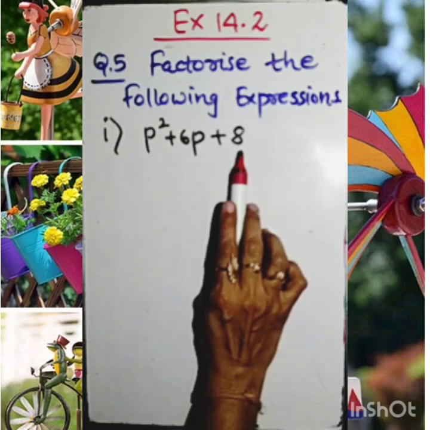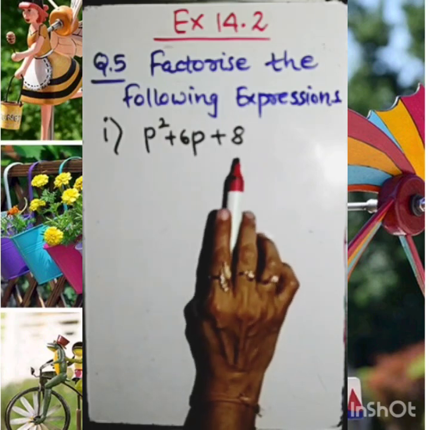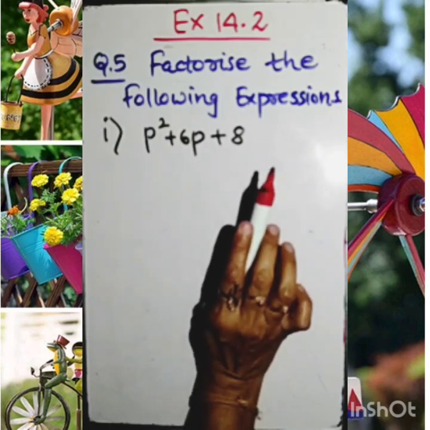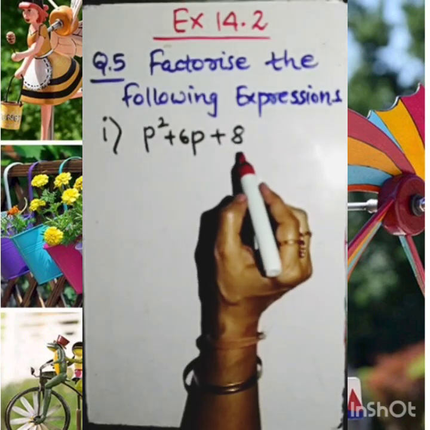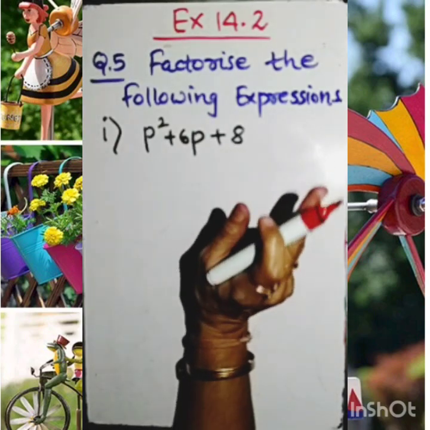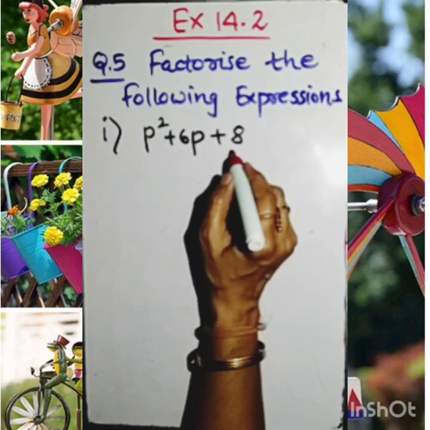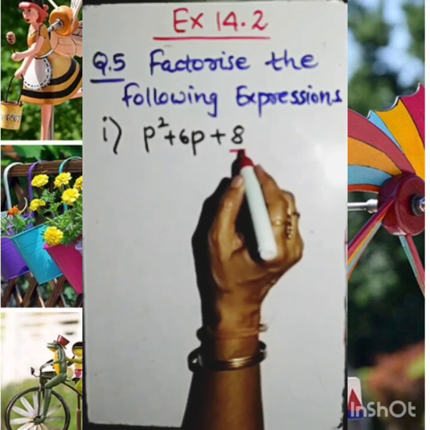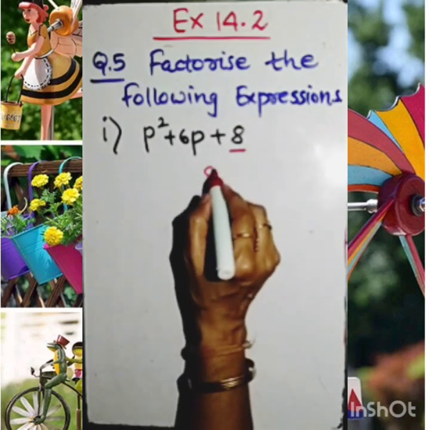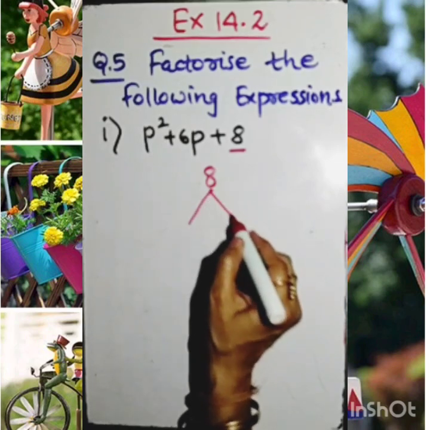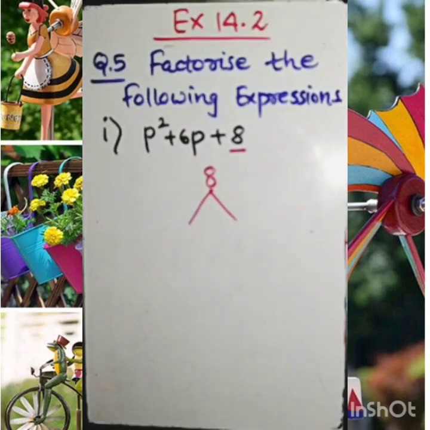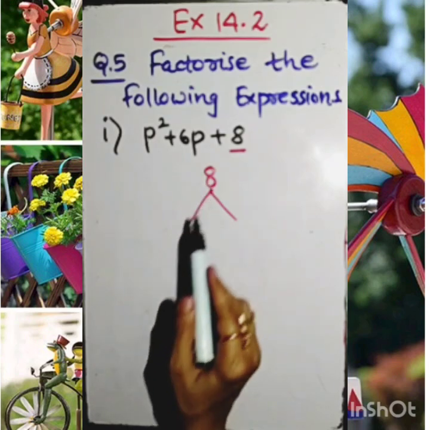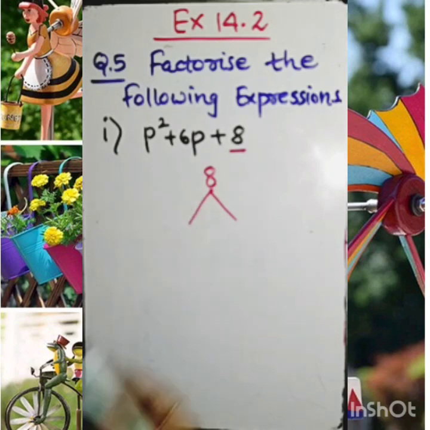So in such a case, how to simplify or how to factorize? So my dear student, this method is known as middle term splitting method. For that, whatever this number we are here given, let's write it here and get the factors of 8, such a factor that their product should give the product of this and their sum should give this result 6.